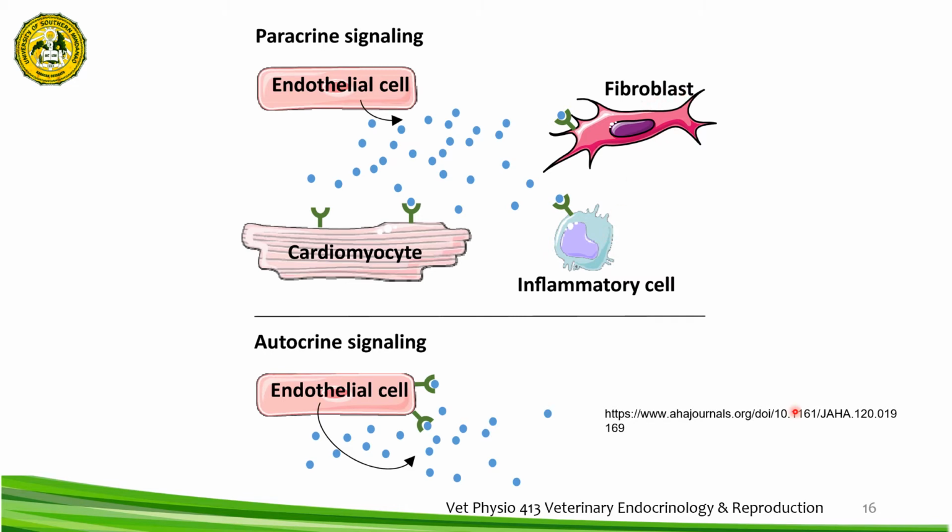In the autocrine signaling, the endothelial cell produces the signaling molecule, and the signaling molecule will bind to the receptors found on the same type of cell, which is the endothelial cell.